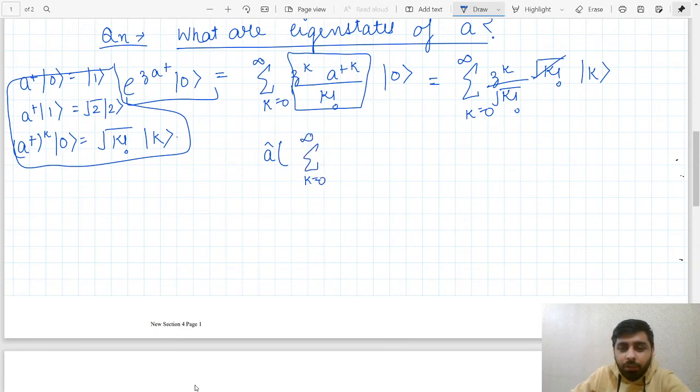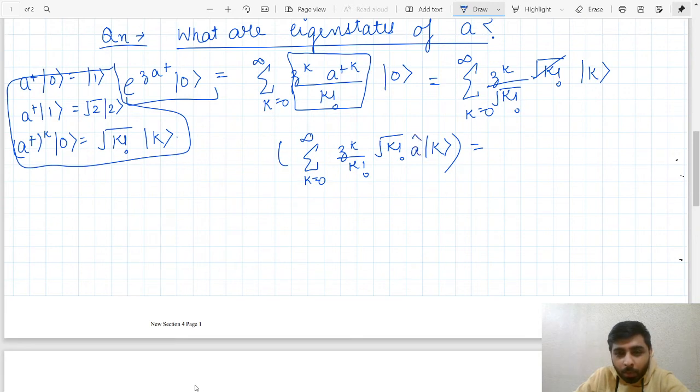For the sake of some simplification which will become obvious later, we are not going to cancel these just now. So z to the power k upon k factorial, and I'm going to keep this square root of k factorial right here. And now let us apply. Since A is a linear operator, we can simply bring it inside. In order to save some space, I'm going to do it here.